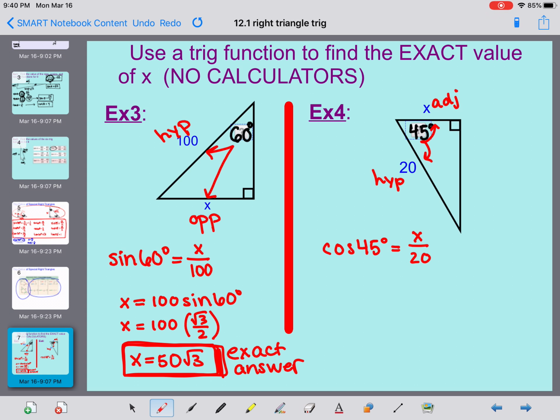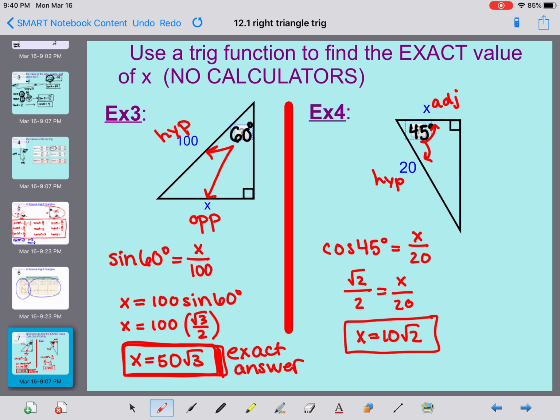This time I'll change it right away so you can see what that would look like. So I changed cosine of 45 to √2/2. And then you can either multiply both sides by 20 to isolate x, or cross multiply. Your choice. And so you should get 10√2. That's your exact answer.